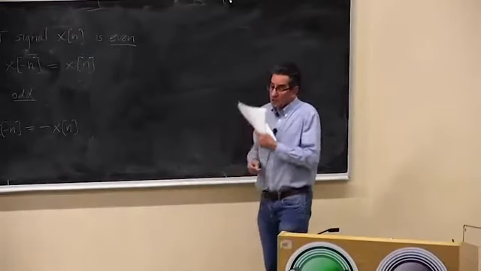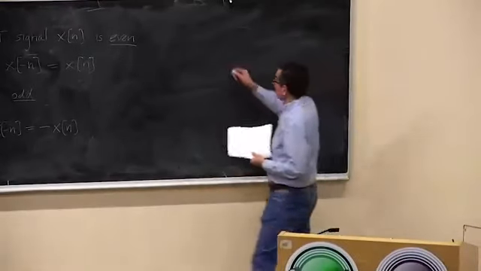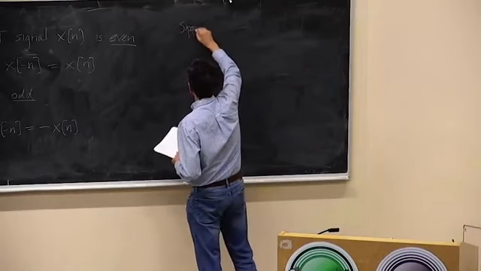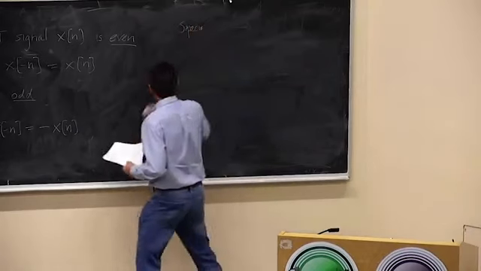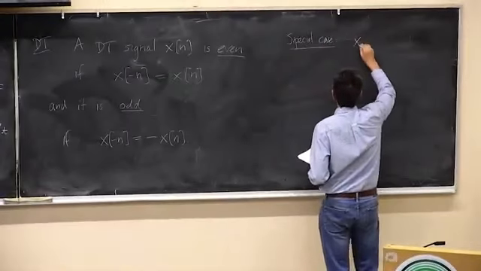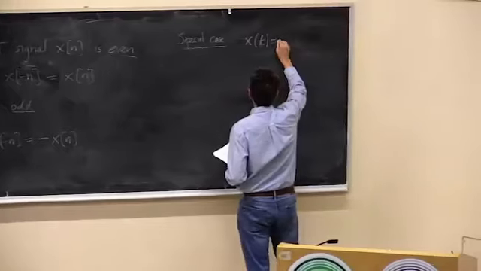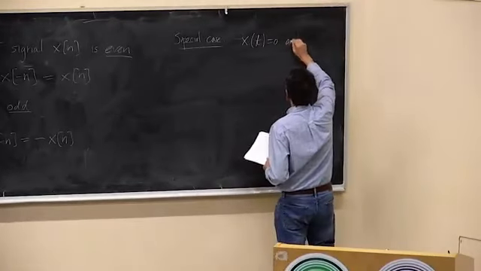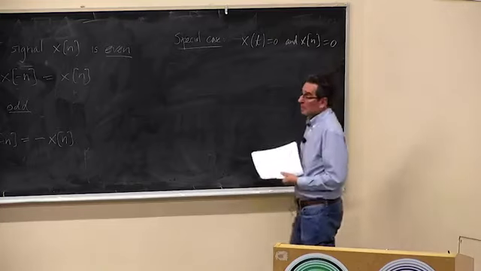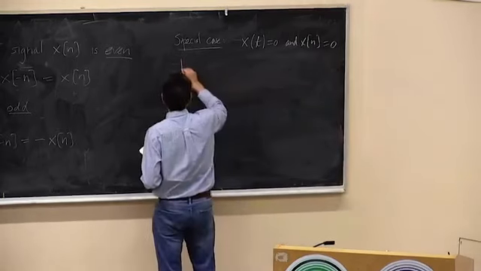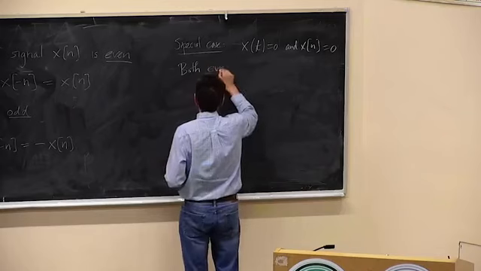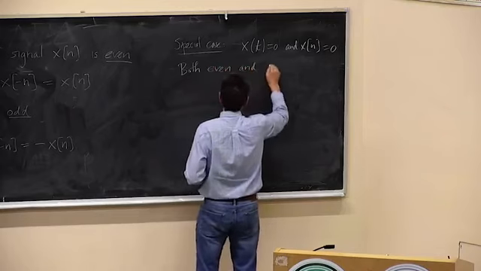Now, there's one signal that's kind of peculiar, and that's the all zero signal. So kind of a special case here. If we have x of t equals 0 and x of n equals 0, the all 0 signals, if you look at the definition, these are both even and odd.